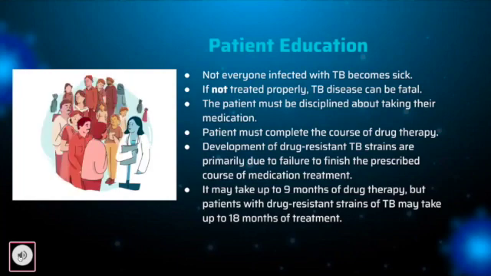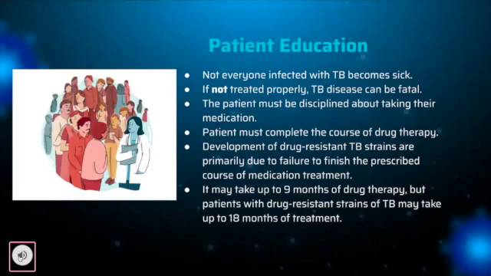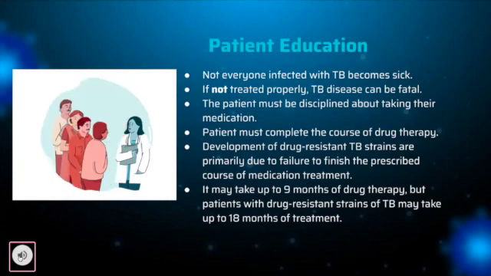Infected patients and supportive families should be educated on how and when the patient will need to take their medication if prescribed. So the patient must be disciplined about taking their medication.